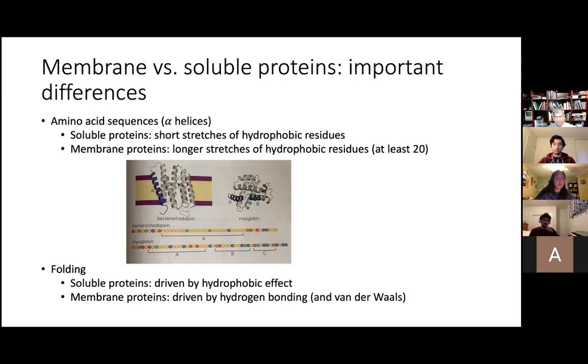Also, when it comes to folding, soluble protein folding is mainly driven by the hydrophobic effect, which is not the case for membrane proteins, since membrane protein environments are hydrophobic.